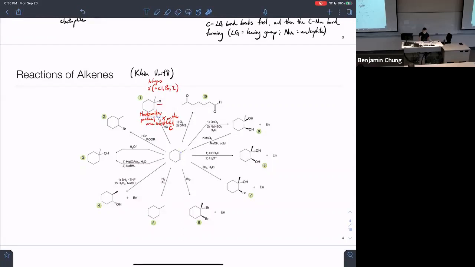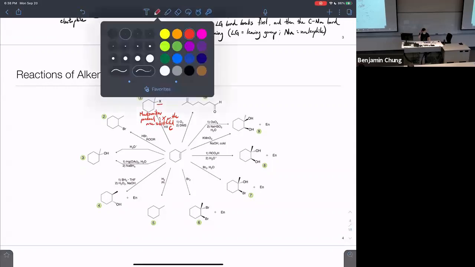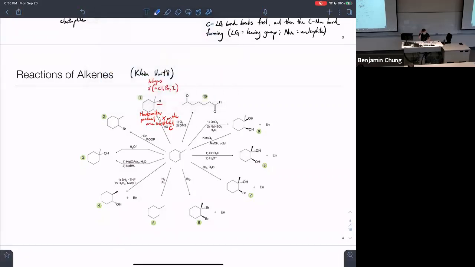But the Markovnikov product essentially states that in this reaction, the halide goes on the more substituted carbon. Which therefore means that this reaction here forms the anti-Markovnikov product, where the bromine is on the less substituted carbon.